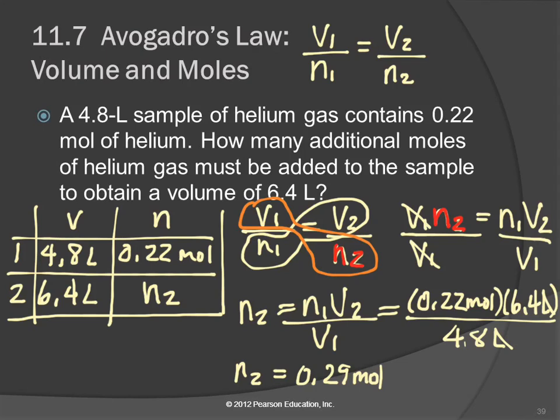Is this the answer to the question? How many additional moles of helium must be added to the sample to obtain a volume of 6.4? What did we find? We found the total number of moles in the 6.4 liter sample, which we need to find, but that's not the answer.